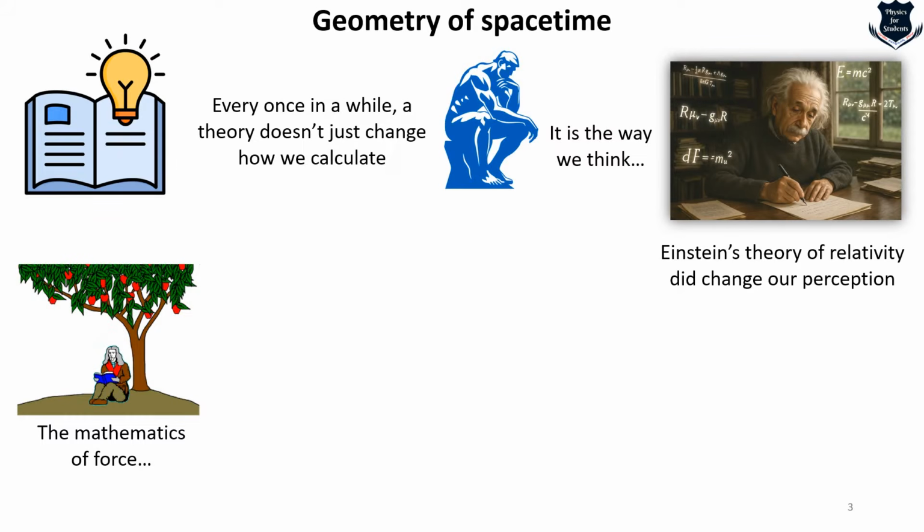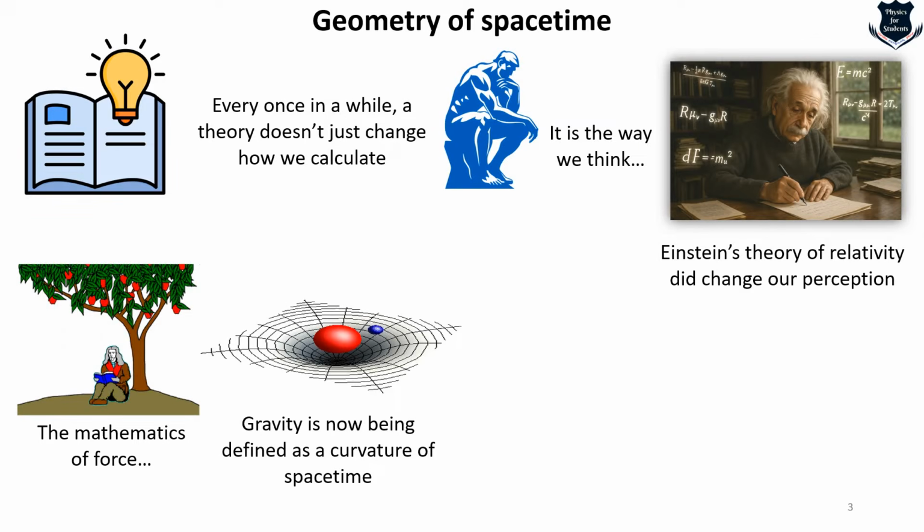The mathematics of force, which was perceived and discovered by Newton, is given by the basic fundamental equation F equals ma. But the general theory of relativity now defines gravity as a curvature of space-time. We can say that gravity is a manifestation of the curvature of space-time.